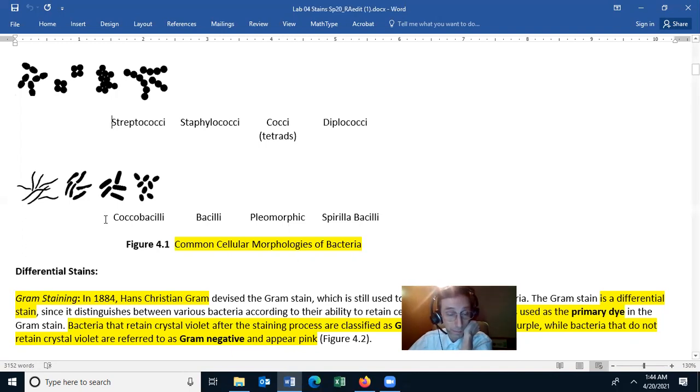This picture is showing you there are some other shapes of bacteria that are not really a coccus or a bacillus.